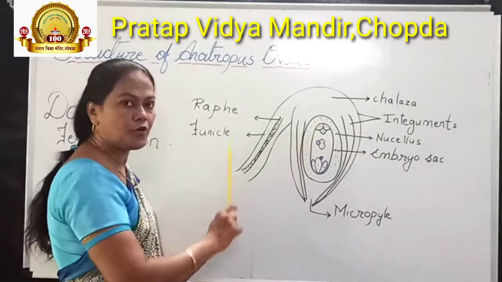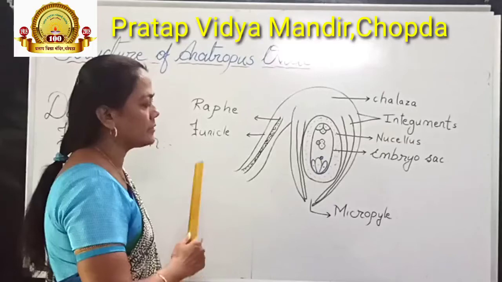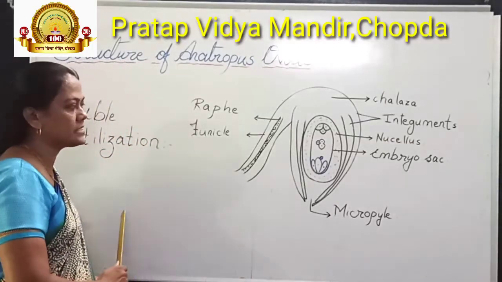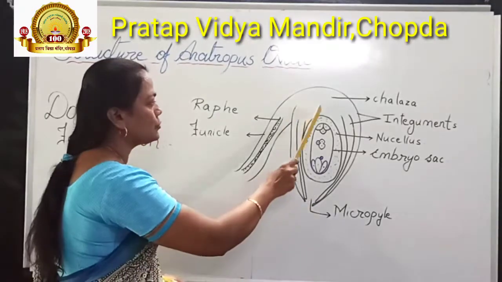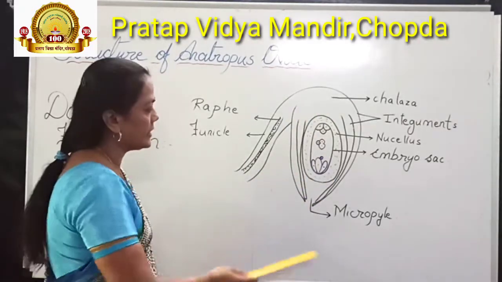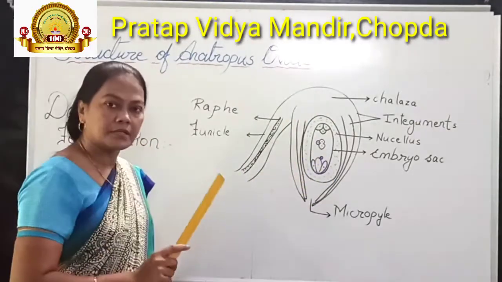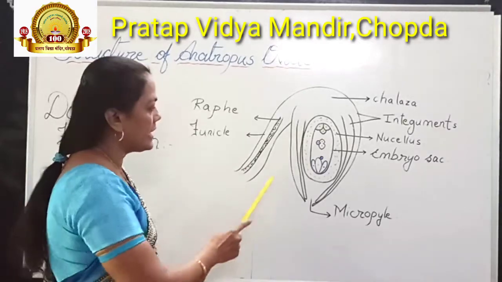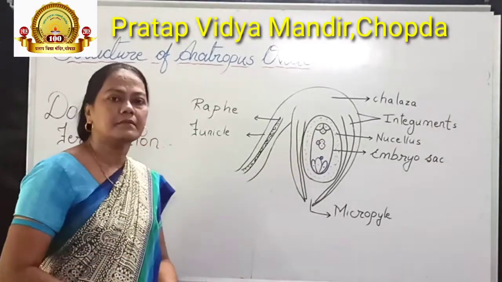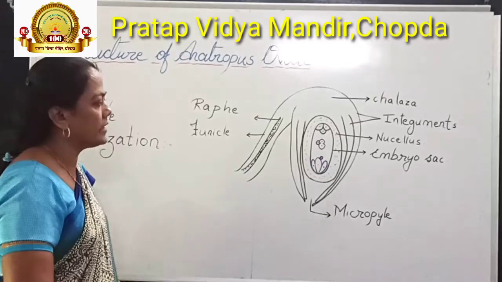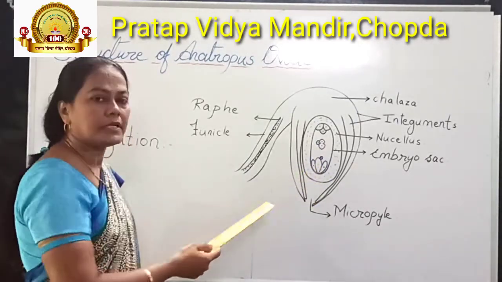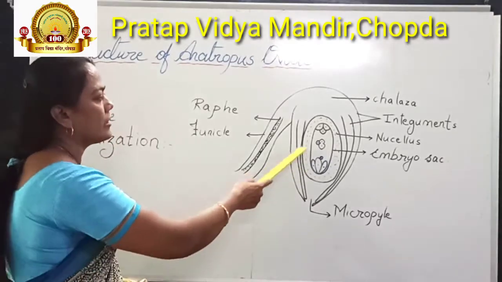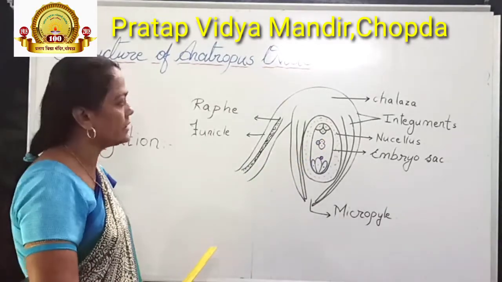Inside, endosperm is formed from the primary endosperm nucleus. This will provide nutrition to the developing seed. The zygote undergoes development and by repeated division it forms plumule, radicle and along with the cotyledon.